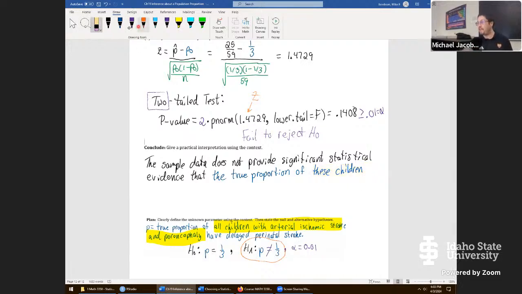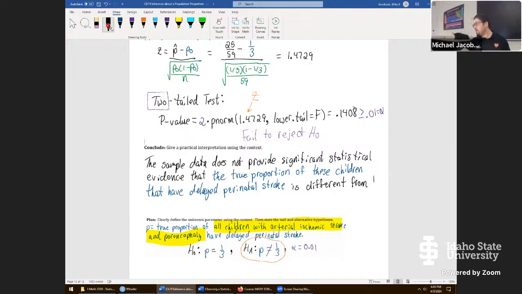So I'll just say these children for that yellow portion, the true proportion of these children that have delayed perinatal stroke is different from one-third. So the study was not able to provide that significant statistical evidence.